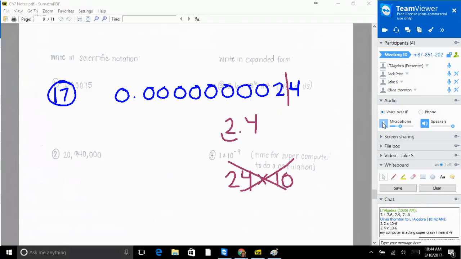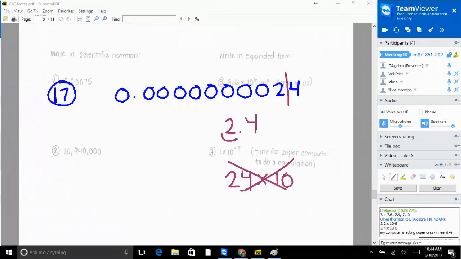Sorry, my voice is being crazy. Okay, so then we need to see how many place values over that is. So it's 1, 2, 3, 4, 5, 6, 7, 8, 9.